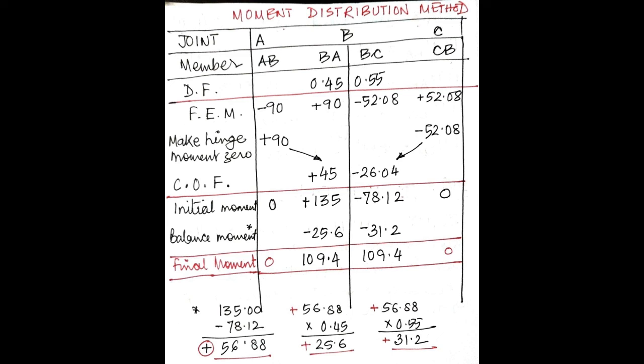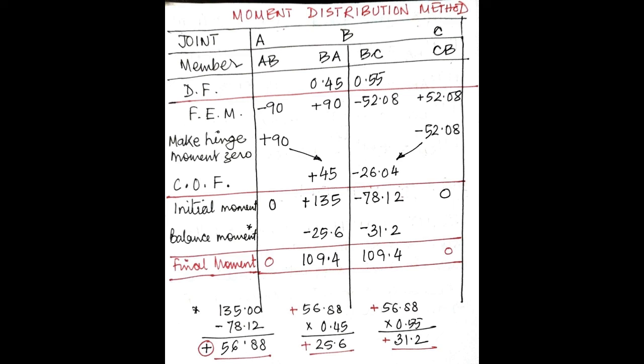BA and BC. But BA and BC are meeting at the joint B, so it cannot happen that a single joint B has two different values. Are you getting it? So for that reason we have to balance it.